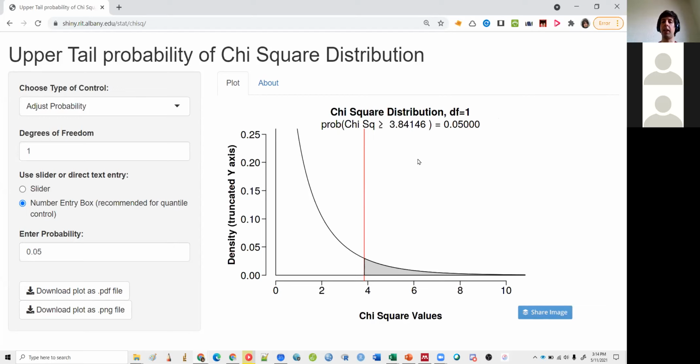And any test statistic, any chi-square from your study above 3.84 would cause you to reject the null hypothesis.